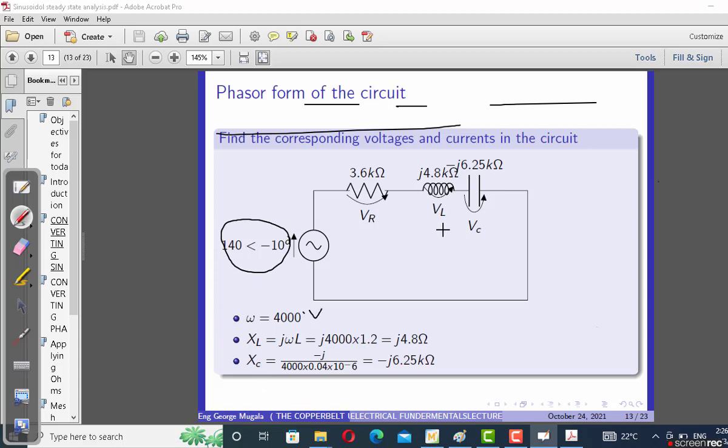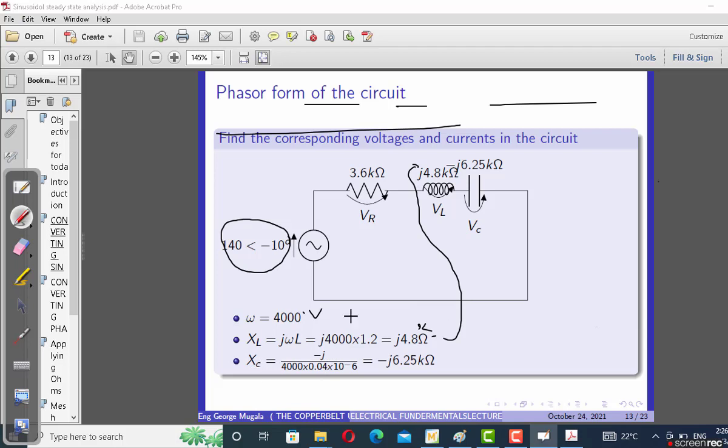So XL, j omega L, is j times 4,000 times 1.2 Henry. If we do that, we get j 4.8 kilo ohms. Here it's supposed to be a K; that's a typo.